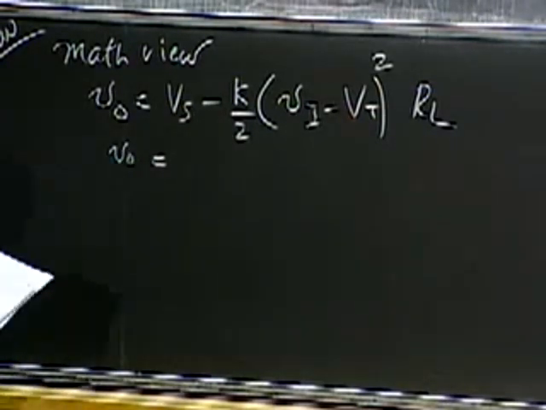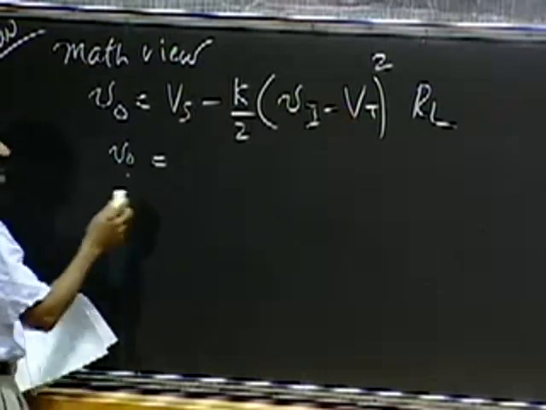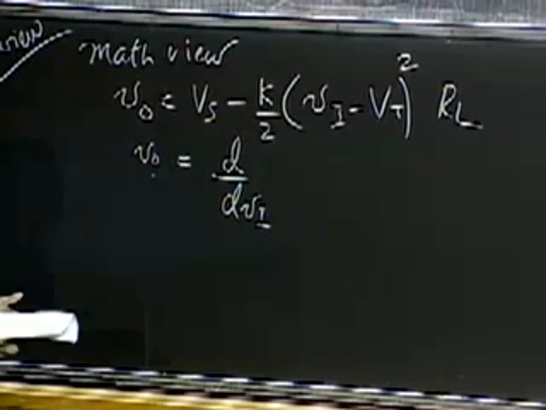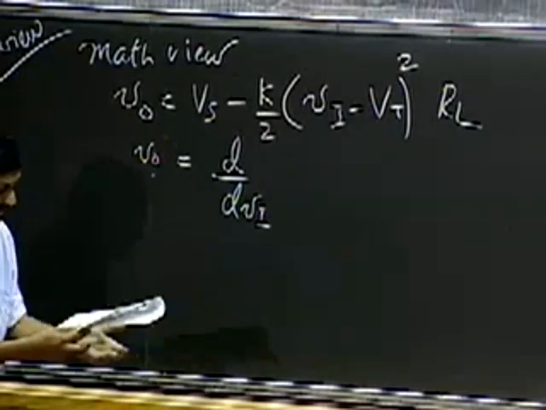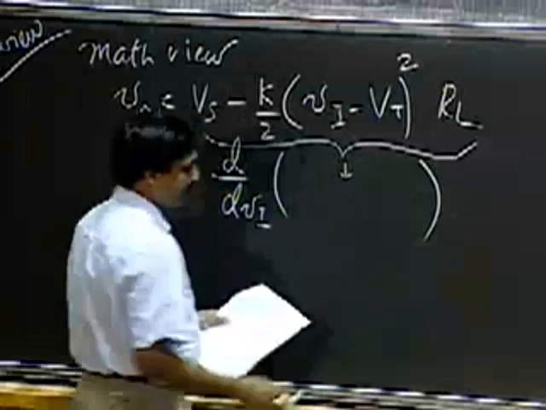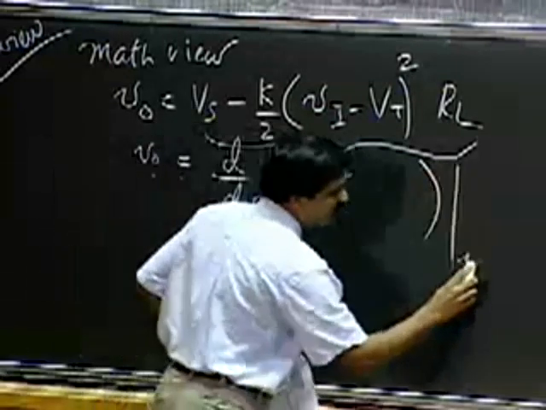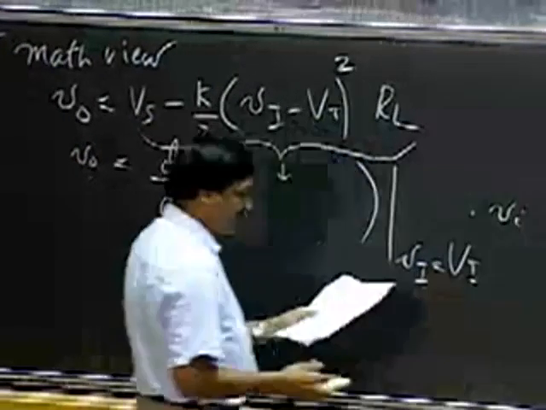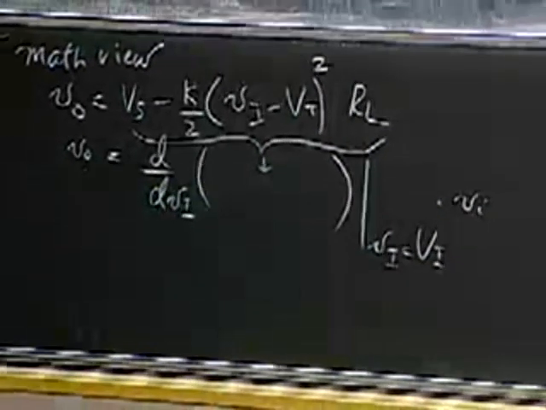And mathematically, I could get the small change in the output v0 by simply differentiating this function with respect to VI, evaluating that function at capital VI and multiplying by the small change in the input.